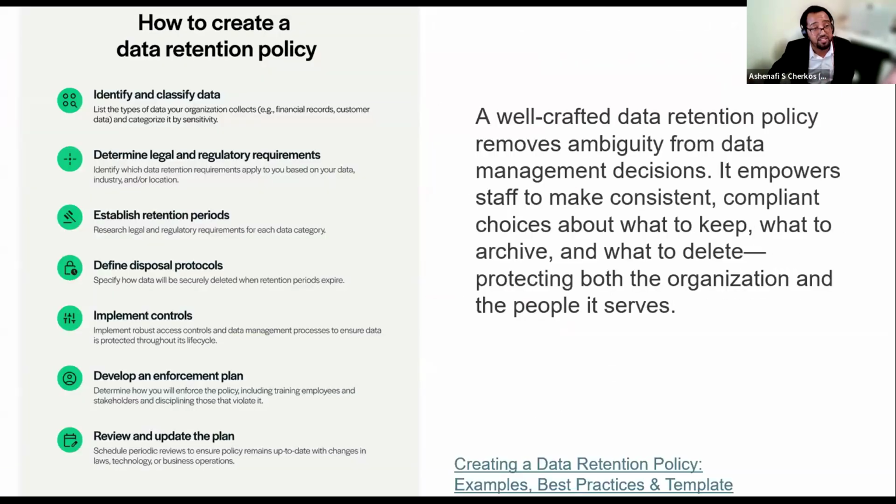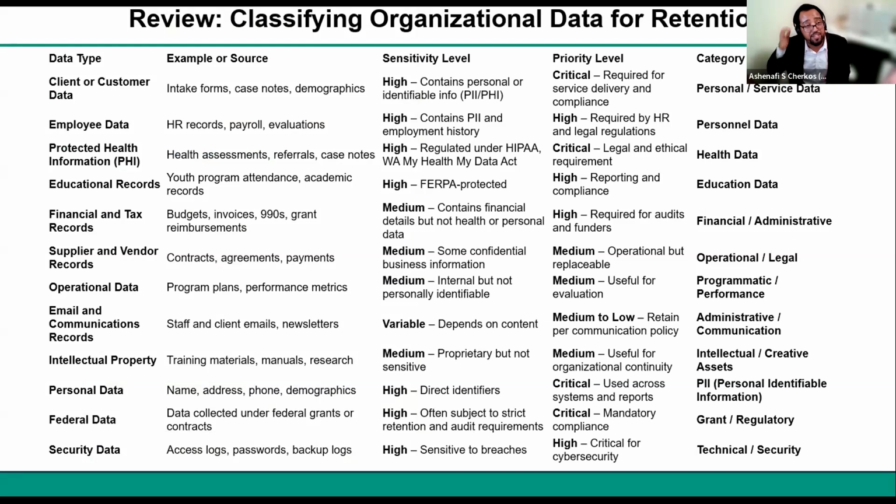So these are the 6 steps I mentioned earlier. If we draft our data retention policy clearly, it will make life easier for everyone who participates in making an informed decision. The first step is to identify and classify data, and this is a slide from last week.